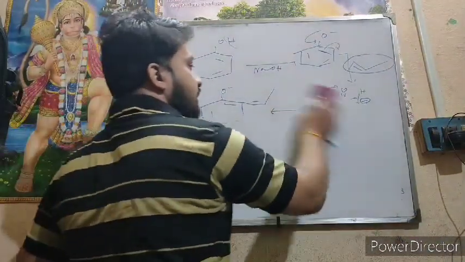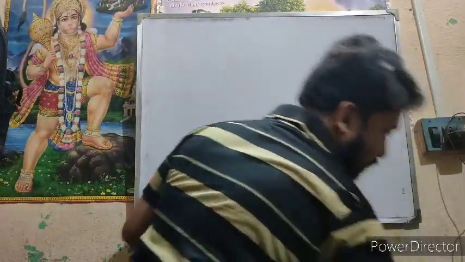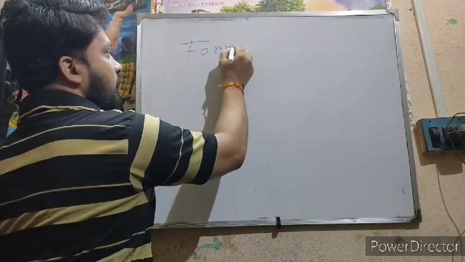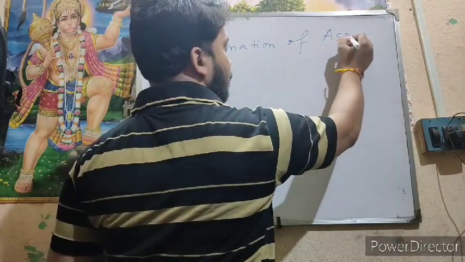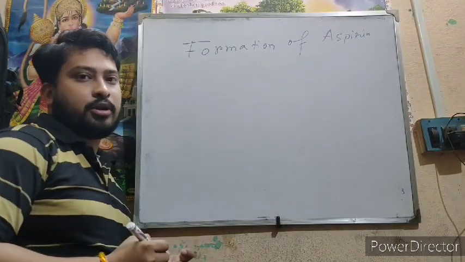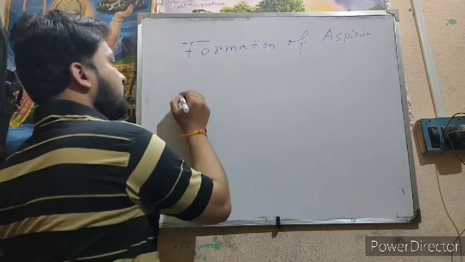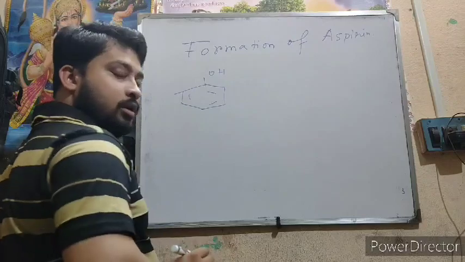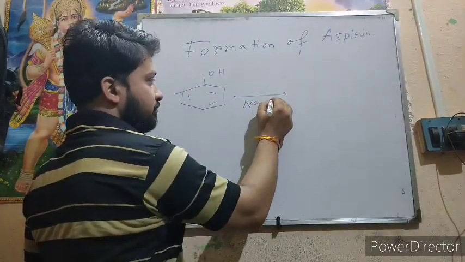Now I am going to discuss with you the preparation or formation of aspirin. What do I say? Formation of aspirin is very important. This is the formation of aspirin. Okay. You just take this phenol, then you react with NaOH.